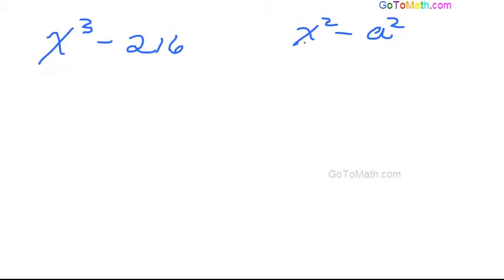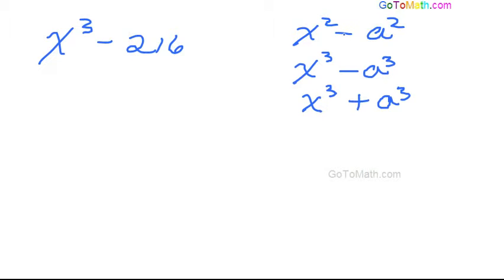We've got one also for the difference of two cubes, except for cubes we've actually got two of them: the difference of two cubes and the sum of two cubes.